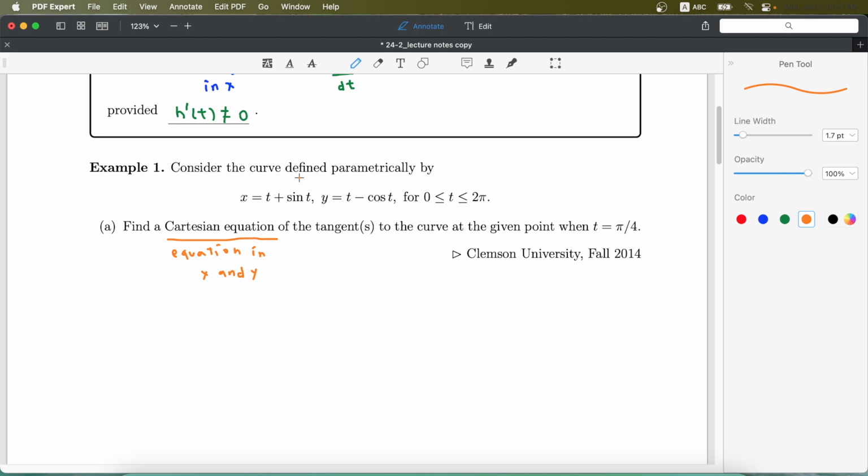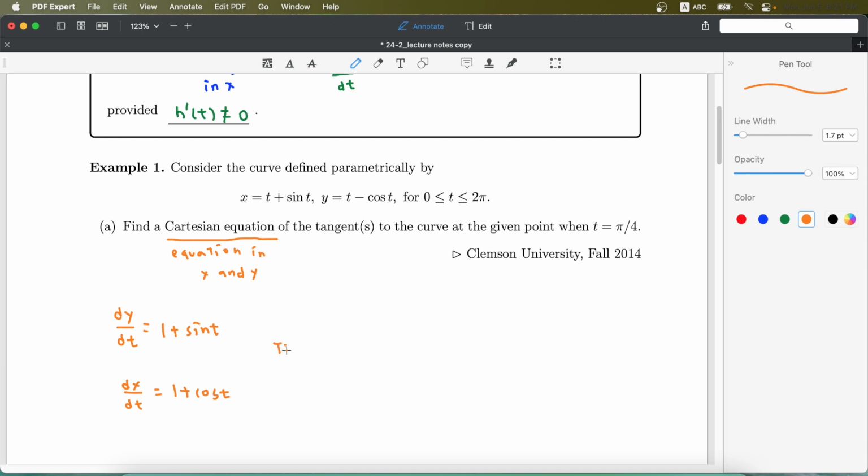So we want to find dy over dt and dx over dt respectively. dy over dt is the derivative of y with respect to t, so that should be 1, since the derivative of t is 1, and the derivative of cosine is negative sine, so we have plus sine t. And dx over dt is the derivative of x with respect to t, so we have 1 plus cosine t.